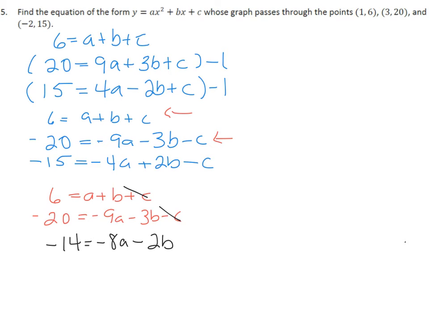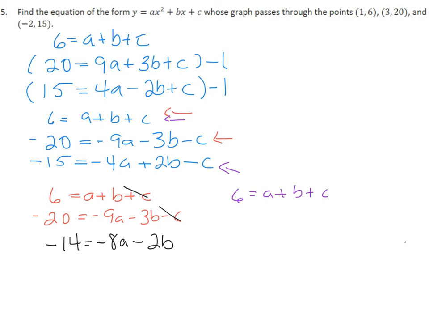So now I have that one down to 2 variables, and let's do the same thing for our other ones here. Let's add my third equation with my first equation up above. If I add these two together, I get 6, which was equal to a plus b plus c.